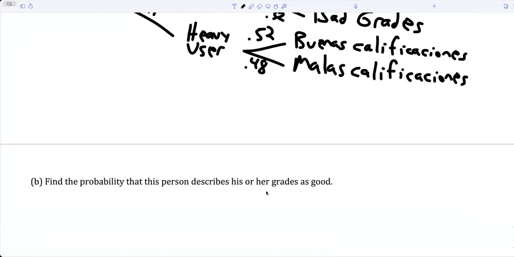Okay. So part B says, find the probability that this person describes his or her grades as good. Well, these events are mutually exclusive, so we're going to add them, but first we've got to do the general multiplication principle. We've got to multiply those probabilities together.